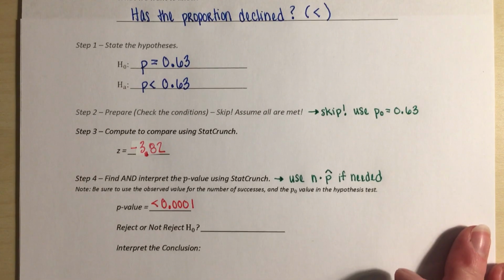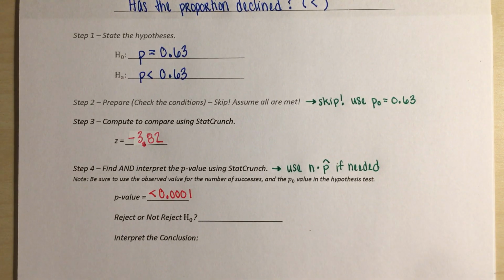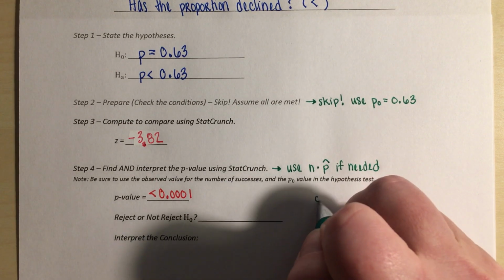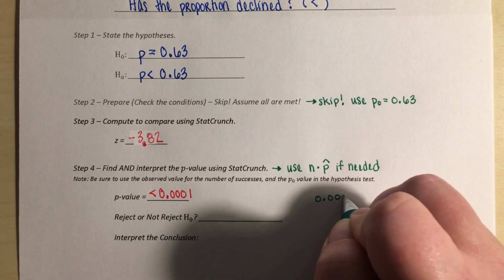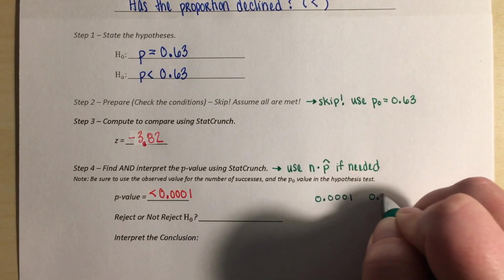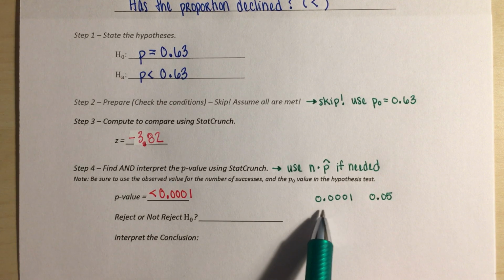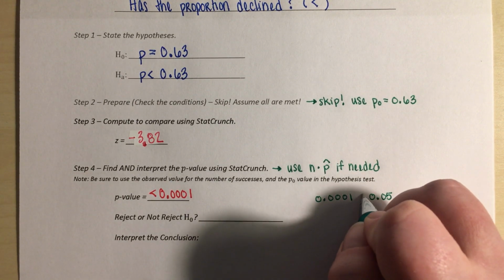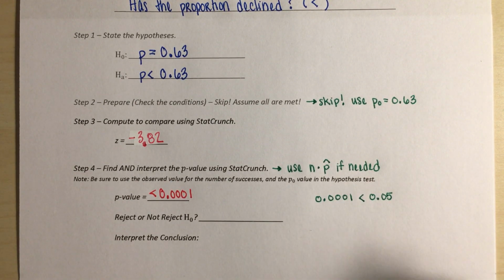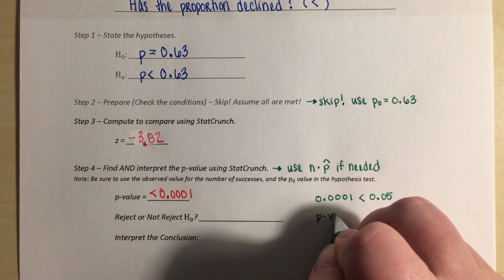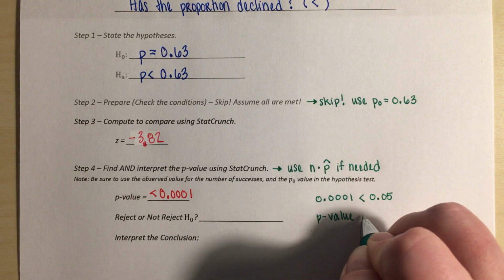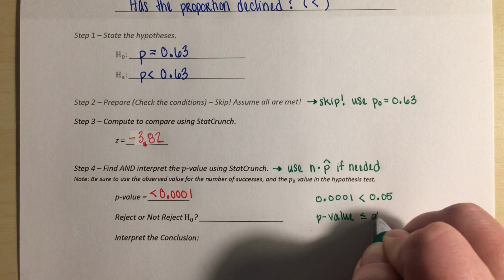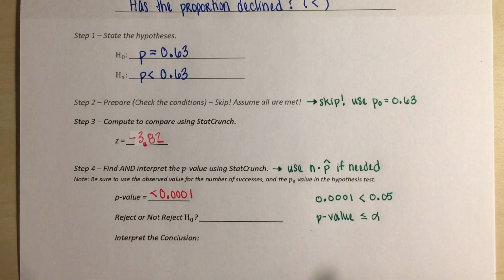All right, now we need to decide our interpretation. So our p-value is less than 0.0001. If we compare that to our significance level, 0.0001 is less than our significance level. So our p-value is less than or equal to alpha.